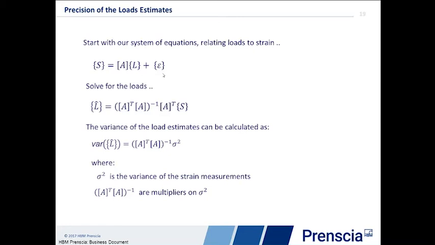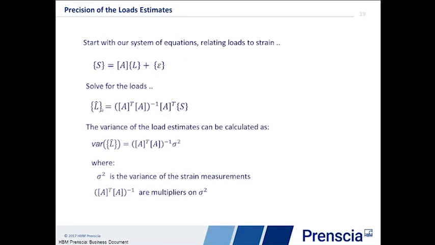And then we used just that standard equation in our estimate to generate our estimated loads. Now, the loads in the first equation are the real loads on the structure. The loads in the second equation are the estimate of the loads from the strains we used.